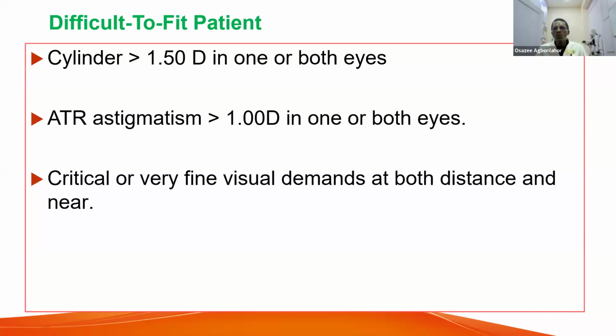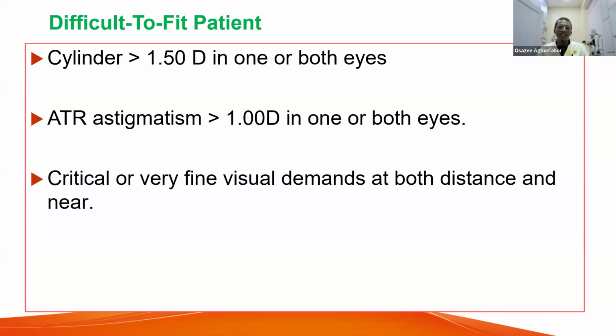So to move forward, for critical, another difficult to fit characteristic is when there's critical or very fine visual demand both at distance and at near. So this patient wants very crisp vision at distance and at near. For example, a pilot wants to have very good distant vision as well as very good near vision because they operate both simultaneously.